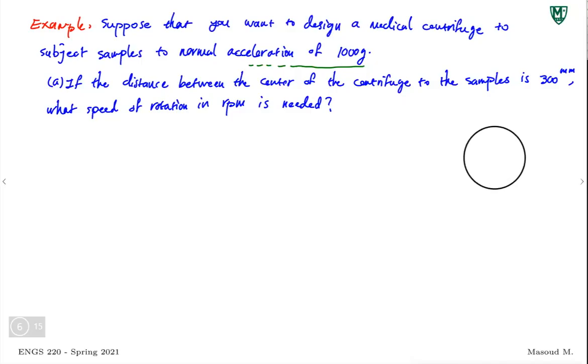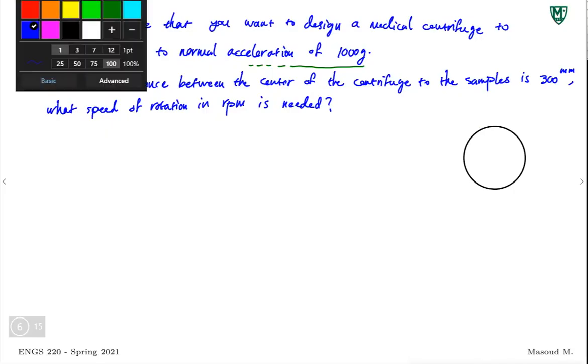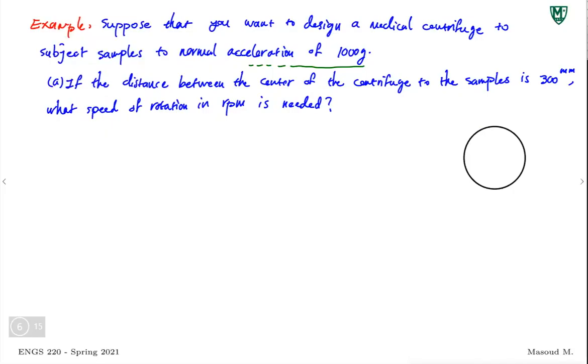If you think about this as a centrifuge, you're looking from the top, and let's say it's rotating this way. It doesn't really matter in this case, it doesn't mention. This is the center, and this distance is given as 300 millimeters.